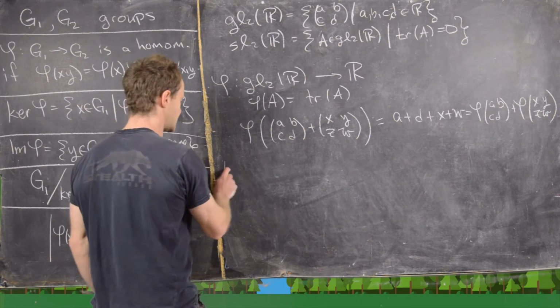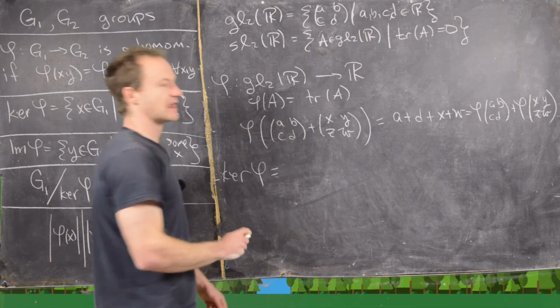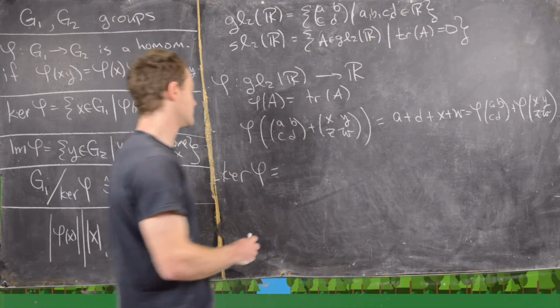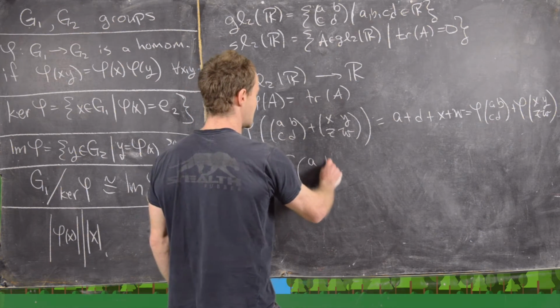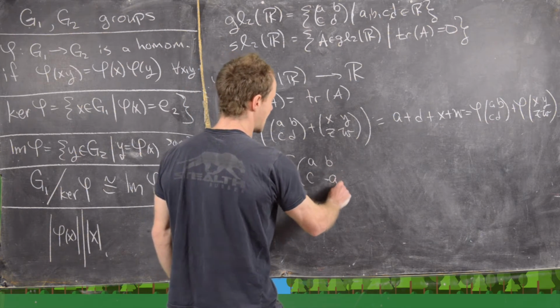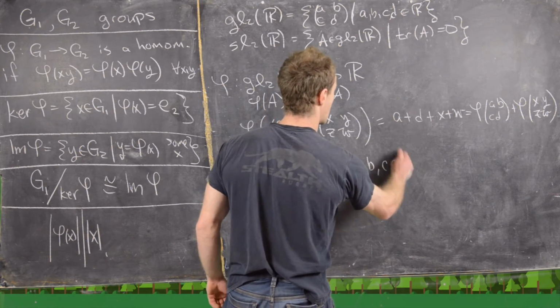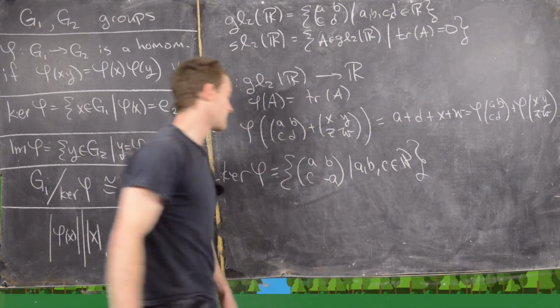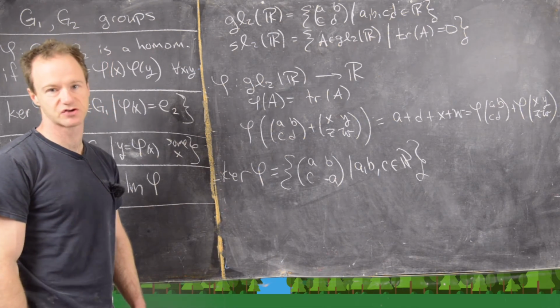Now notice that the kernel of phi is going to be everything that has trace 0. In other words, this is going to be all matrices (A, B; C, negative A) such that A, B, and C are real numbers. It's easy to see that those are all the matrices that have trace 0.